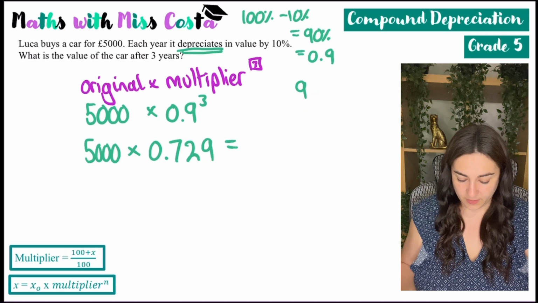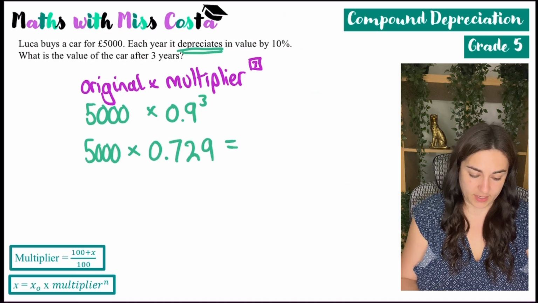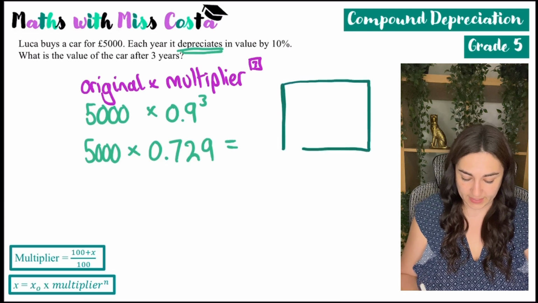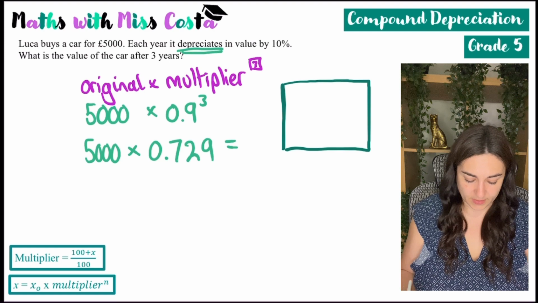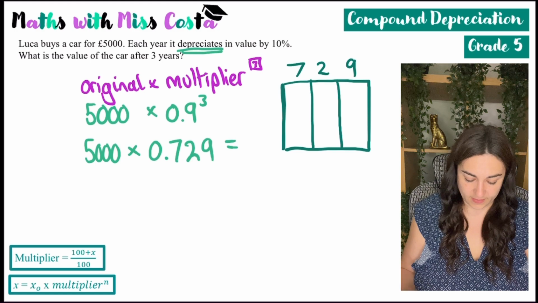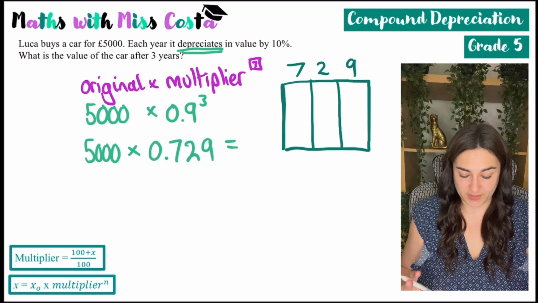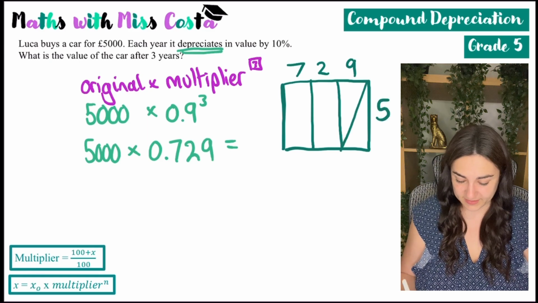So now once again I can do whatever multiplication method I like. I'm just going to use the lattice method. So 729, and actually there's a few ways that we could do this. So I'm just going to do it times by 5 because there's no point in doing 5,000.